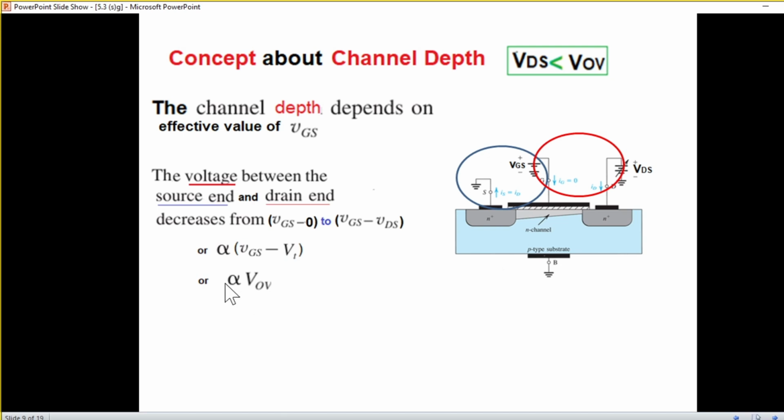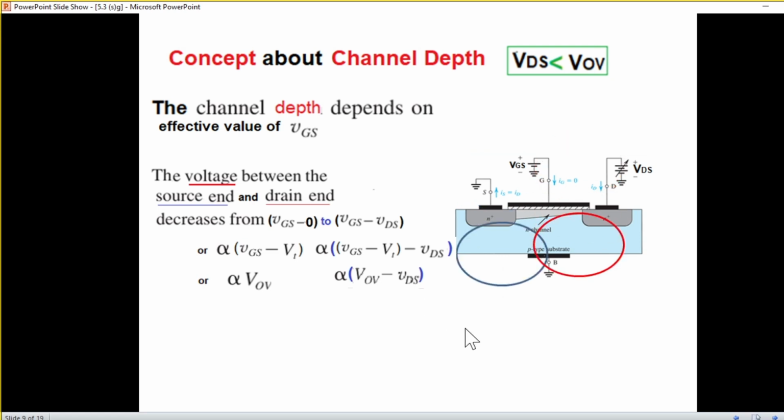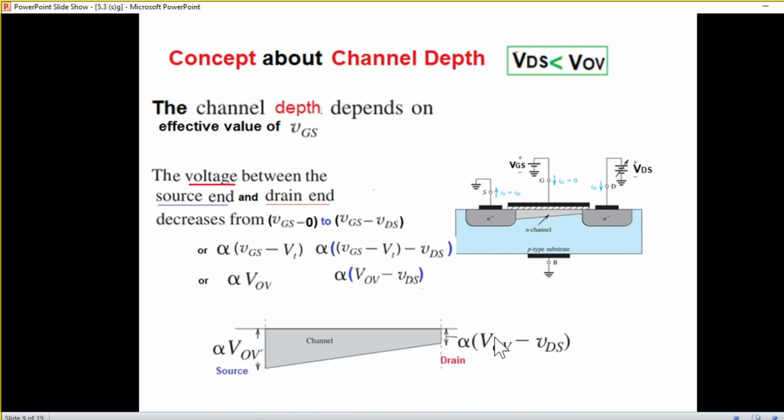So we can say it is proportional to VOV. So this is on the left hand side of this diagram. Now similarly on the right hand side, for VGS we put VGS minus VT. So we can say that the right hand side is proportional to VOV minus VDS. And that is how we write our diagram.